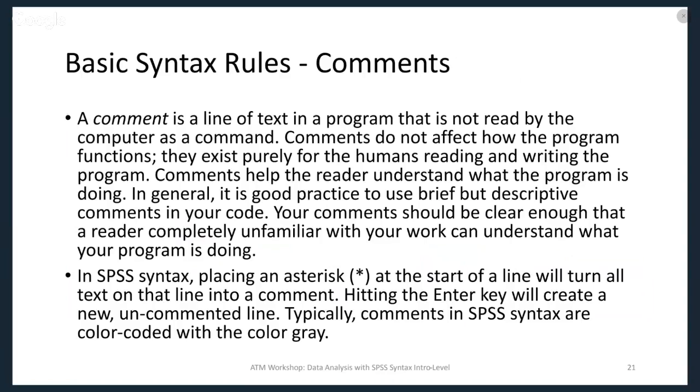Okay, for comments, you can use an asterisk. If you put an asterisk first, the entire line is considered a comment. You can describe the step-by-step procedure and take a memo, not only for your colleagues but also for yourself, because in the end you may have no idea why you did it.